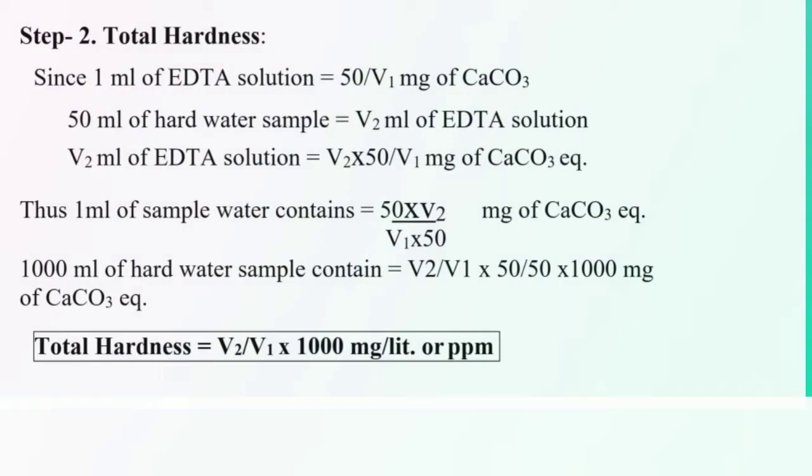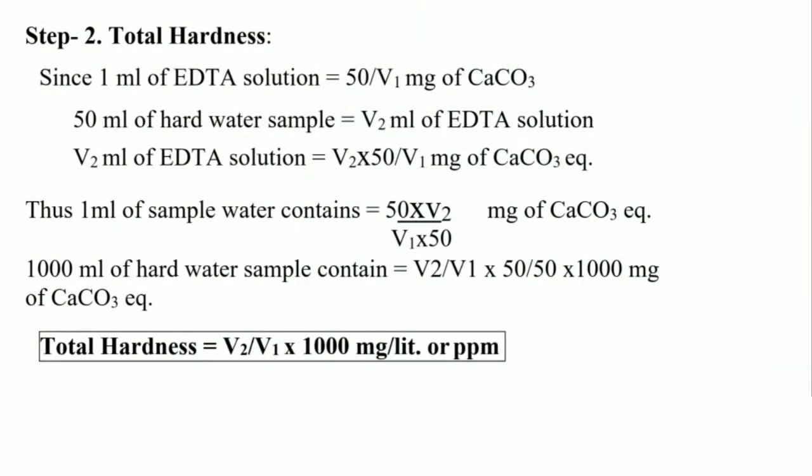Step number 2, calculation of total hardness. Since 1 ml of EDTA solution is equal to 50 upon V1 mg of calcium carbonate equivalent, as we got from the strength of EDTA step, and 50 ml of hard water consumed V2 ml of EDTA solution, V2 ml of EDTA solution is equal to V2 upon V1 into 50 mg of calcium carbonate equivalent, or we can say 50 upon V1 into V2 mg of calcium carbonate equivalent.